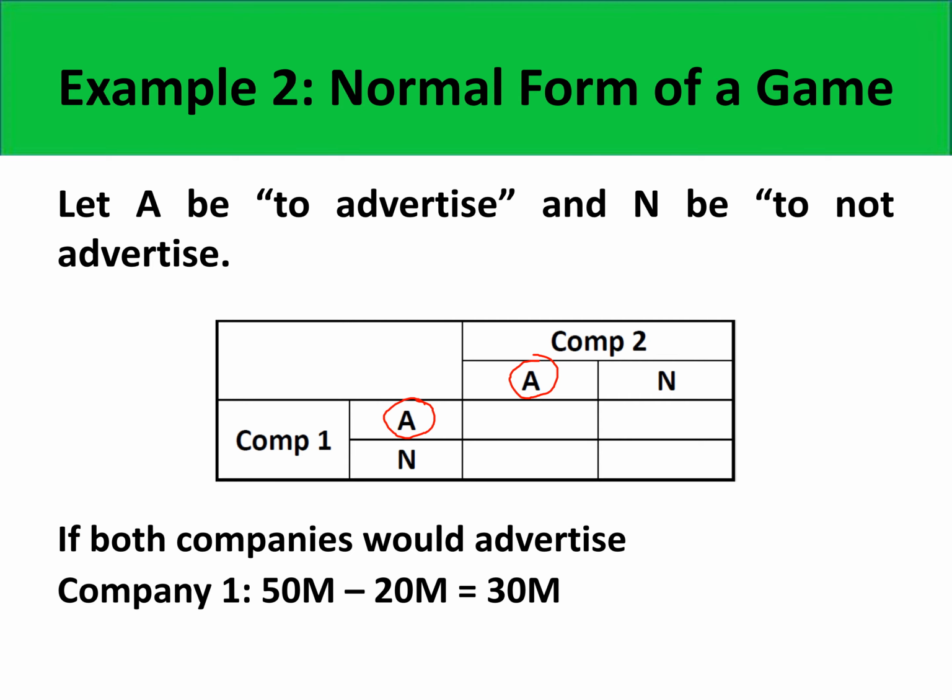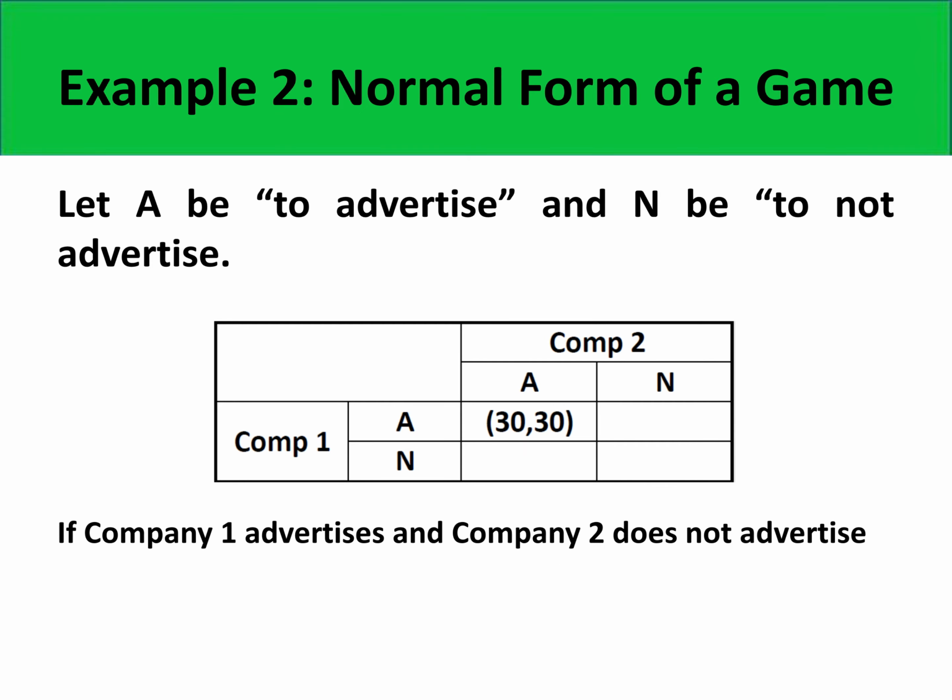Now, since company 2 is also advertising, company 1 will not capture 30 million pesos from company 2. So in this case, company 1 gets 30 million pesos. Now, same thing for company 2. Company 2 gets 50 million minus the cost of advertising, which is 20 million, and company 2 does not capture any revenue from company number 1. So company 2 will also get 30 million pesos.